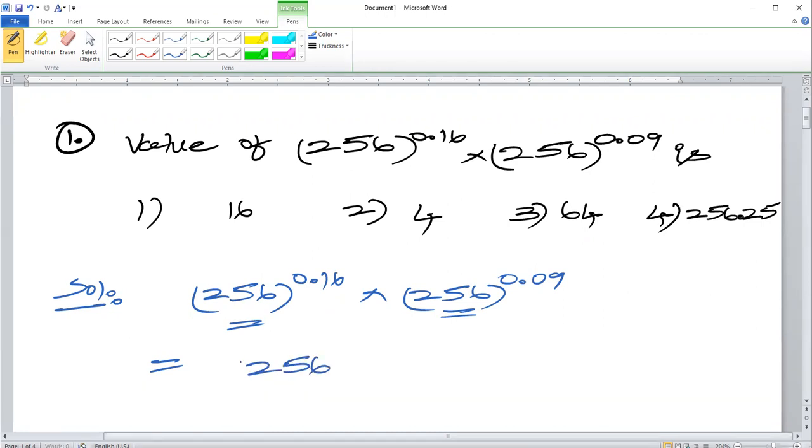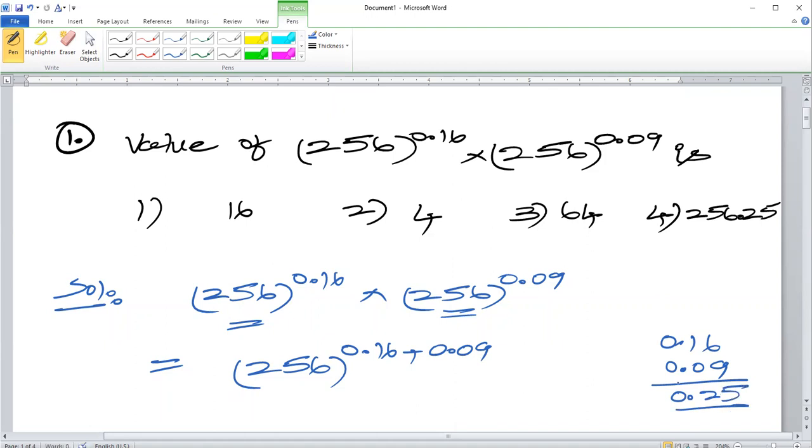So 256 whole to the power of 0.16 plus 0.09. So if you add the powers 0.16, 0.09, you get 0.25.